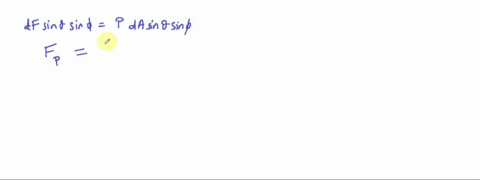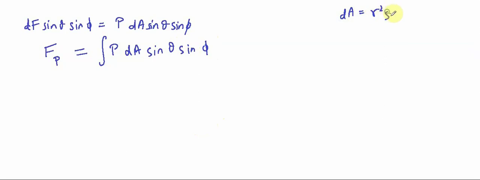So LHS is Fp and the RHS is integral P dA sin theta sin phi. Now if you are familiar with the spherical polar coordinates, then you may be knowing that dA is equal to r square sin theta d theta d phi.